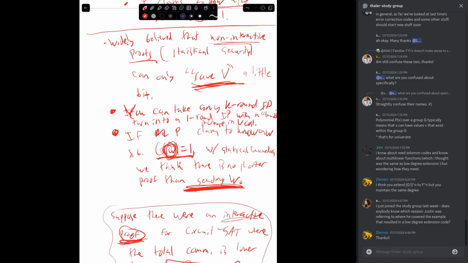Now, in practice, the increase is significant. Basically, if the verifier runs in time t, then to get rid of the k rounds and turn it into one round, the one-round verifier might actually run in time t to the k. So that is a big blow up. But if k is like 3 or 5 or 10, it's still just a polynomial blow up.